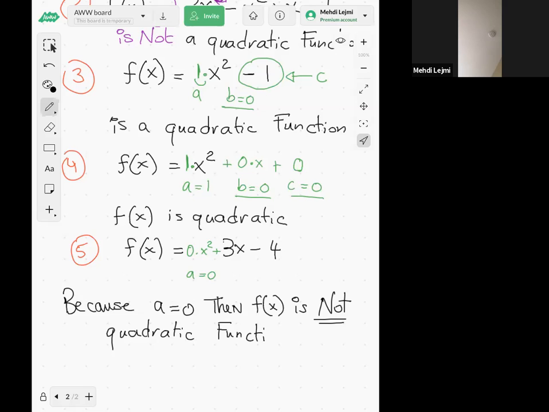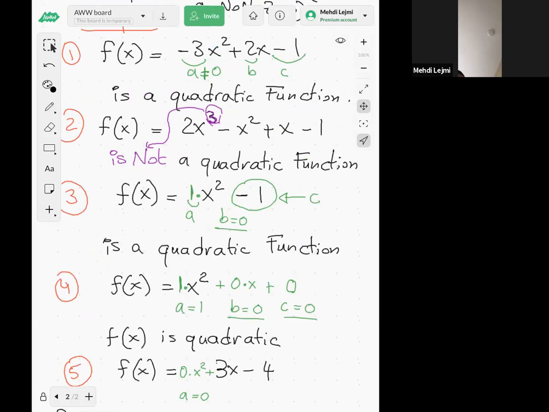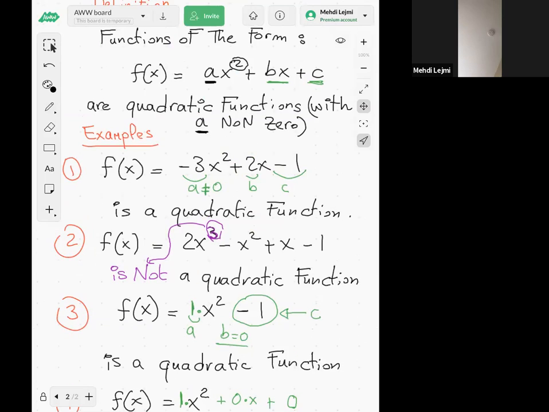So again, guys, just be careful. Your a must be non-zero. Otherwise, it's not a quadratic function. Is there any question about this definition of quadratic function, guys? This is the general form, ax squared plus bx plus c, but you need your a to be non-zero, all right?